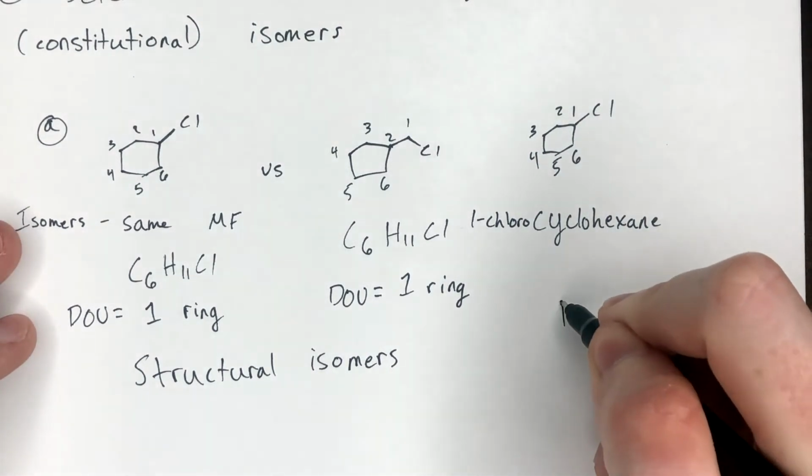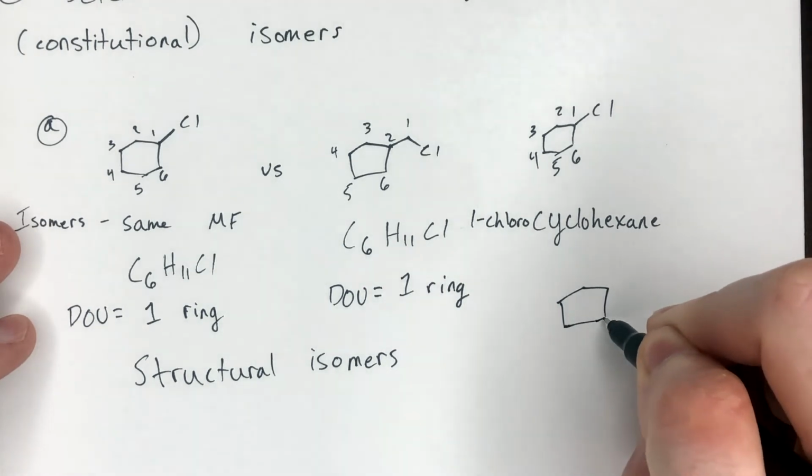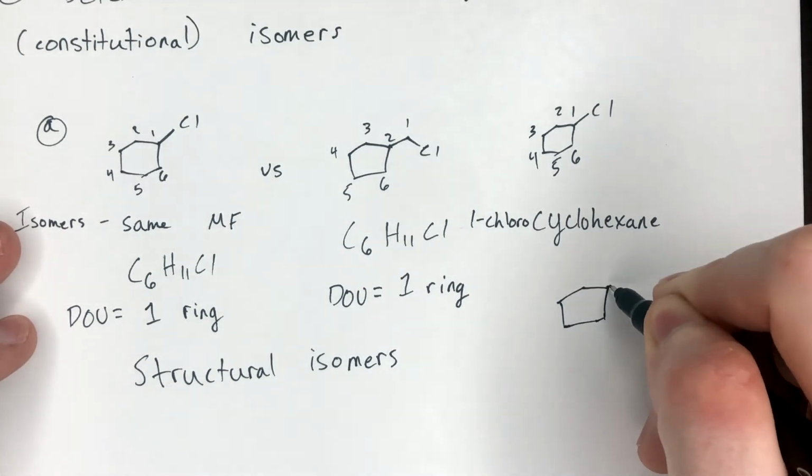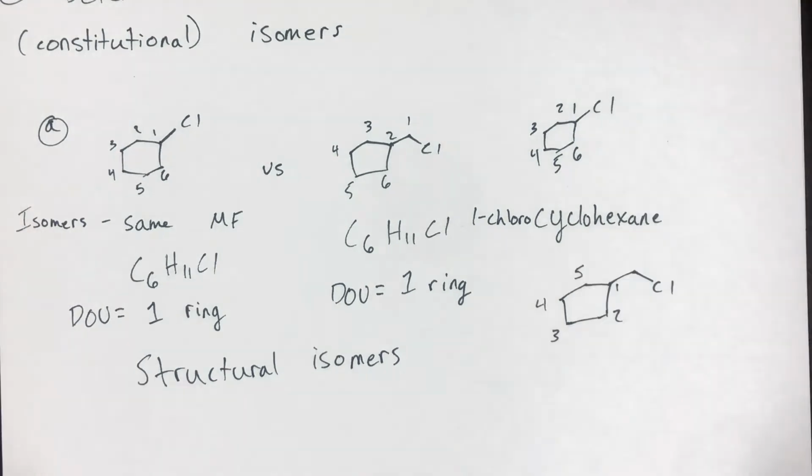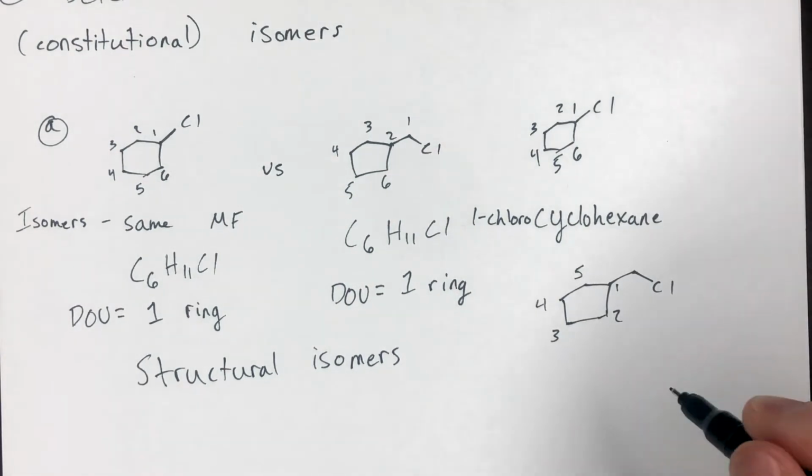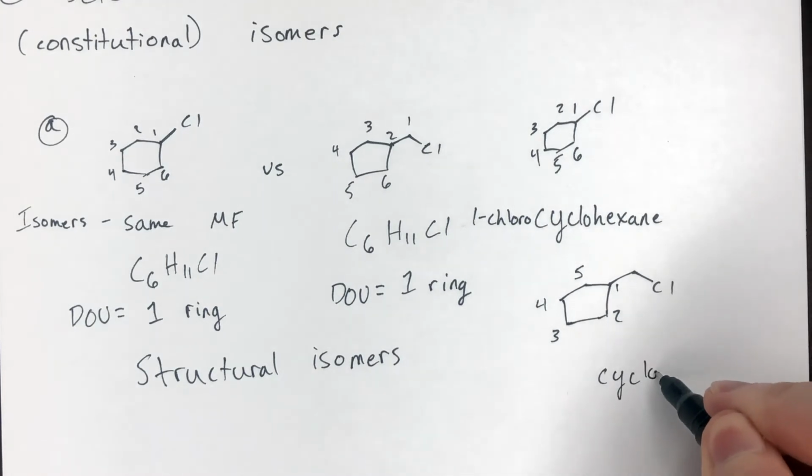Then if you look at the next one, here you have to consider the longest chain as the 5-membered ring, so that's going to be cyclopentane.